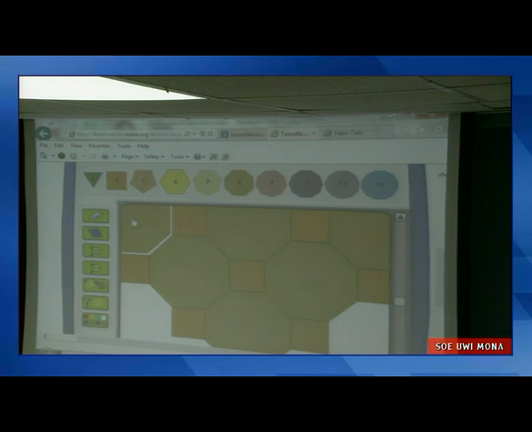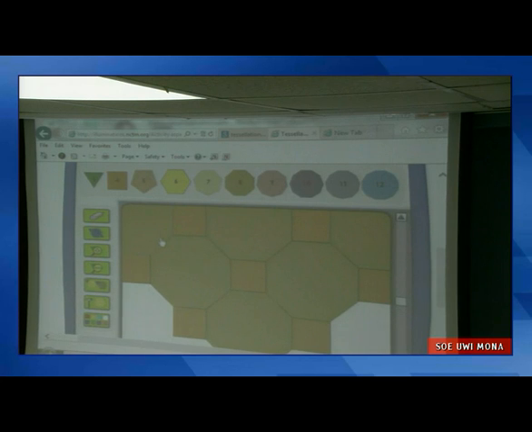Now, what other pairs will tessellate? Can you see the colors, by the way?